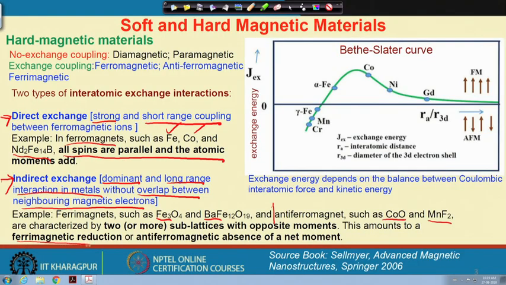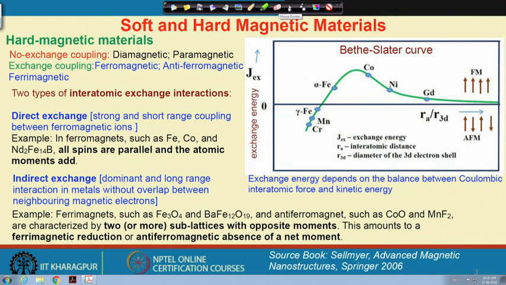That we know, because if I have two different ions, then there is a net value from those two ions that basically tells us whether they are anti-ferromagnetic materials or not. So, this gives us ferromagnetic enhancement or the anti-ferromagnetic absence of a net moment. So, this Bethe-Slater curve explains adding another atom into a lattice and improving the ferromagnetic or anti-ferromagnetic material toward hard magnetic properties or coercivity.